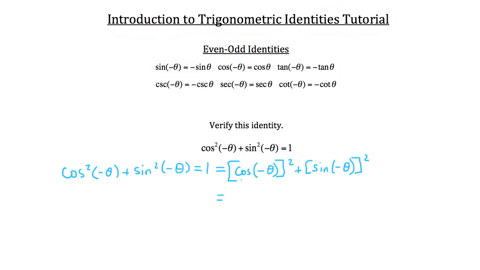So when you do that, you know that the cosine of negative theta is equal to the cosine of theta. So this whole piece of information, that cosine of negative theta, really just becomes the cosine of theta, and the square still applies. Plus, now the sine of negative theta becomes negative sine theta.